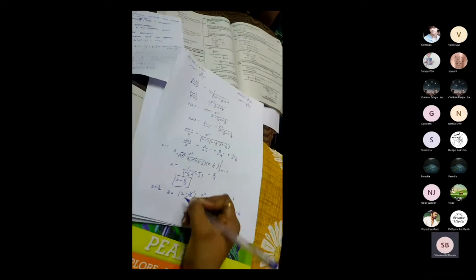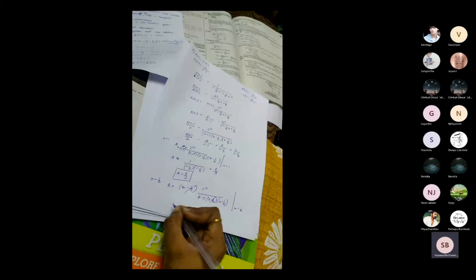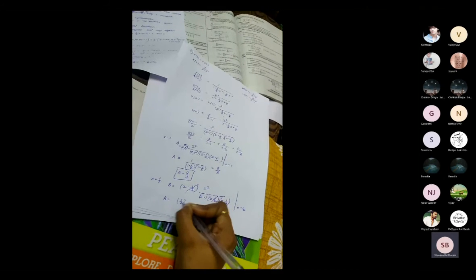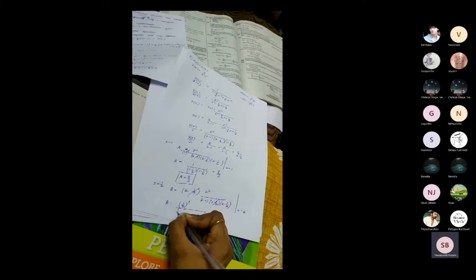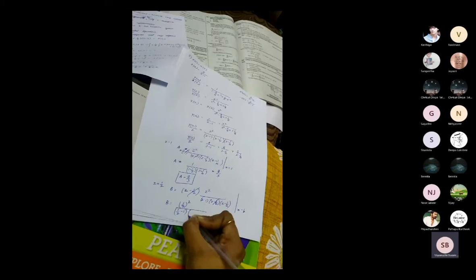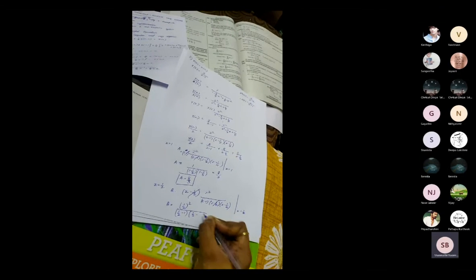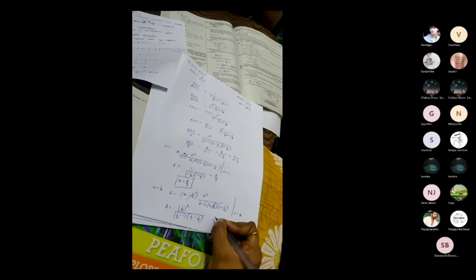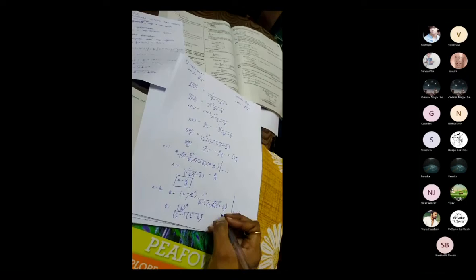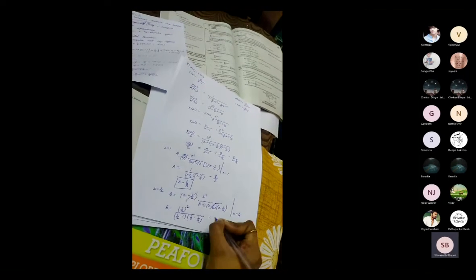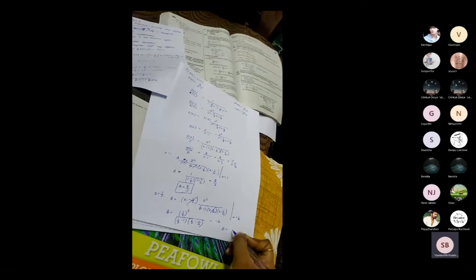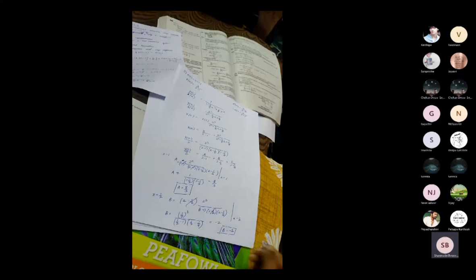This and this will get cancelled. You have to substitute for the B value. B will be equal to 1 by 2 the whole square divided by 1 by 2 minus 1 into 1 by 2 minus 1 by 4. If you simplify, you will get minus 2. Okay.